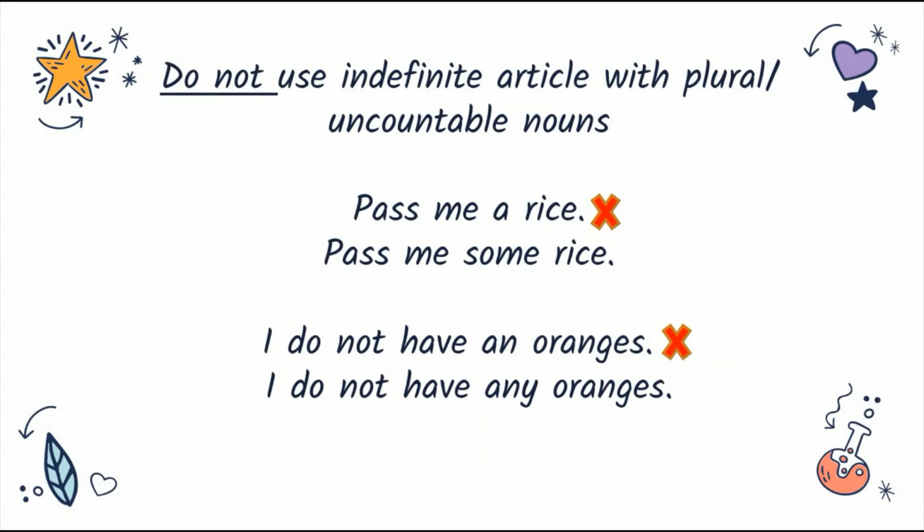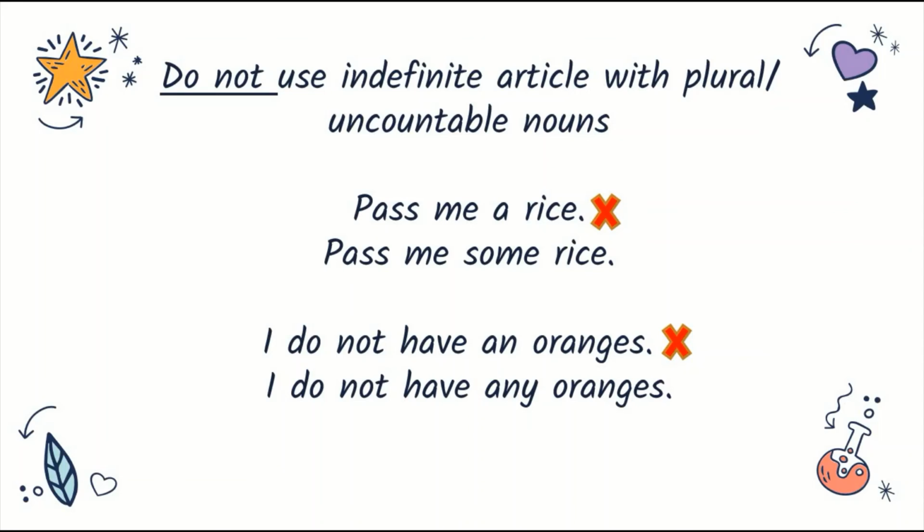However, if we look at uncountable nouns like rice, money, sugar, tea, or cotton, we do not use indefinite articles before them. We cannot say pass me a rice or I do not have a money or add a sugar to the milk. We can use quantifiers like some, any, many, much instead of them.